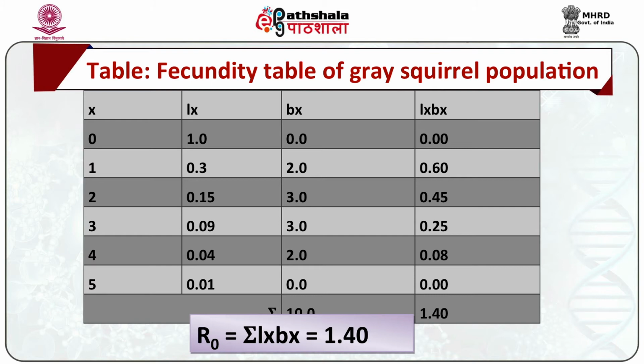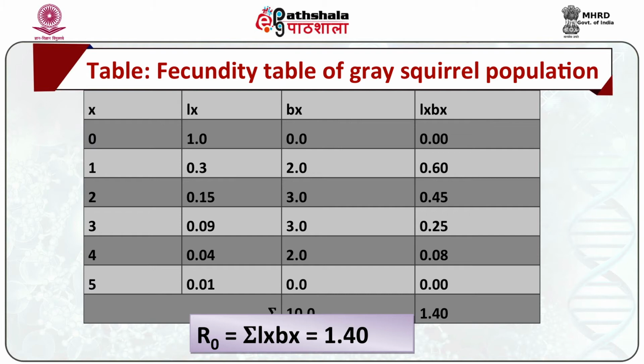In the fecundity table, initially Bx increases with age, whereas the proportion survivorship, lx, declines with each age group.